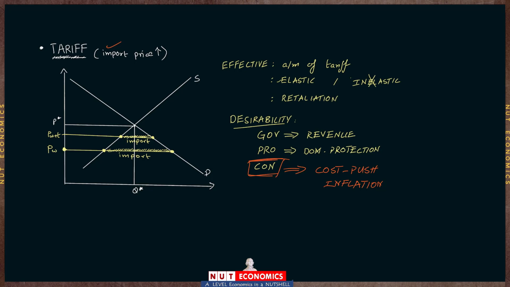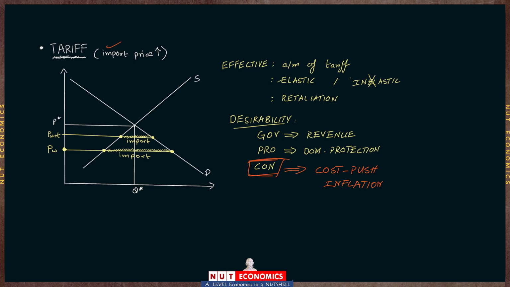And one practical difference which you should focus upon, if you are asked which one is a better expenditure switching policy, tariff or exchange rate, is this: when you depreciate your exchange rate, you are basically ending up making all of your imports more expensive.